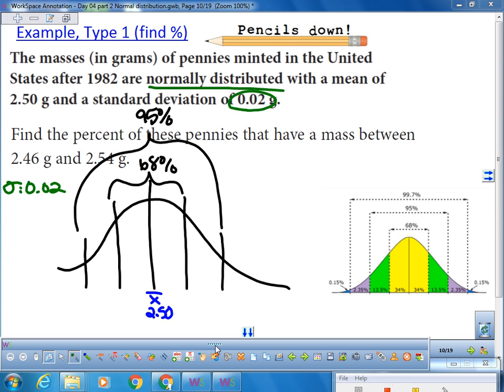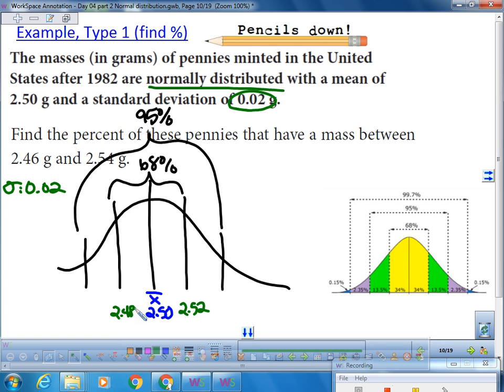One standard deviation up is going to be 2.52. And if I were to go down, one standard deviation is going to be 2.48. So how much of the population is between 2.48 and 2.52? 68%. I know that automatically.